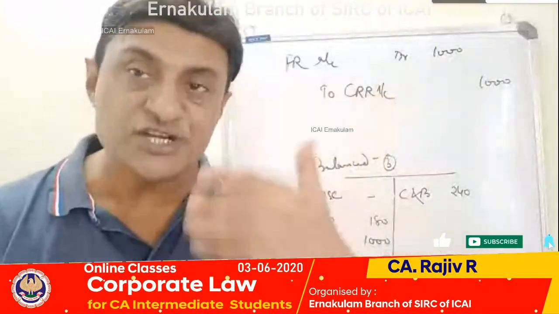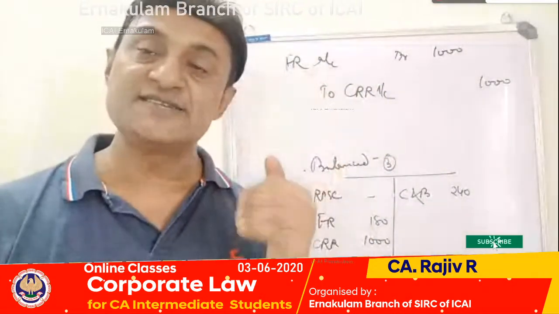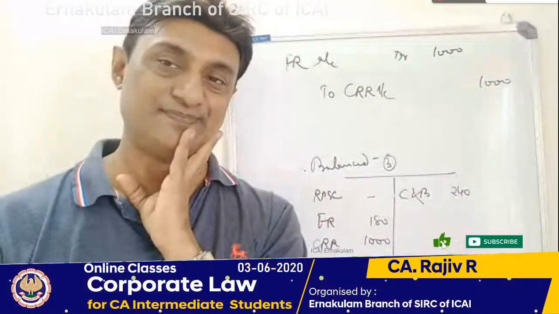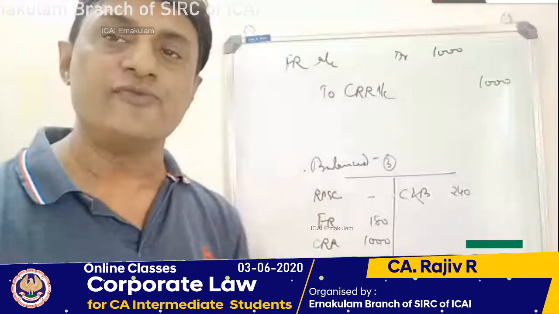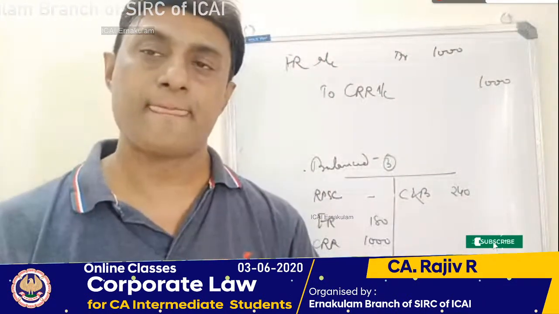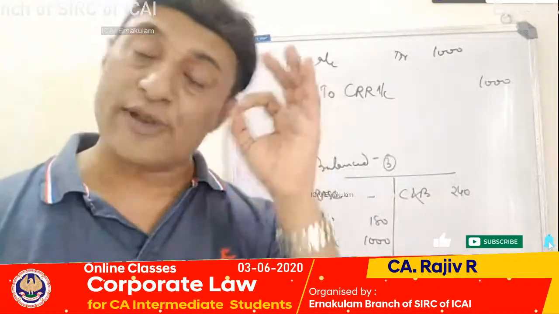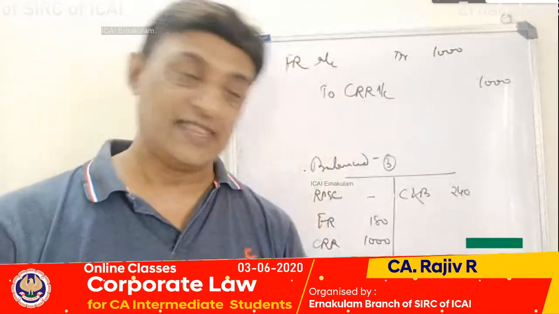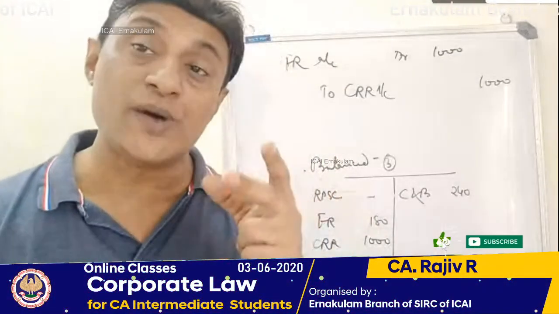When you make a fresh issue of securities, you get both. You get funds, you get cash. There, even if the preference share capital goes, it doesn't matter, something else will come. This is why when you are using your existing free reserves, this journal entry becomes necessary because it is lopsided or it is one-sided.